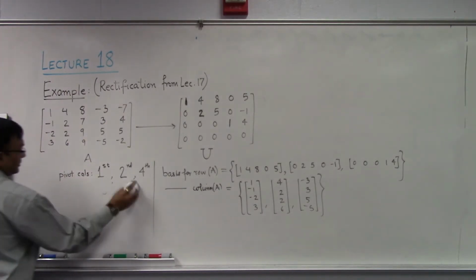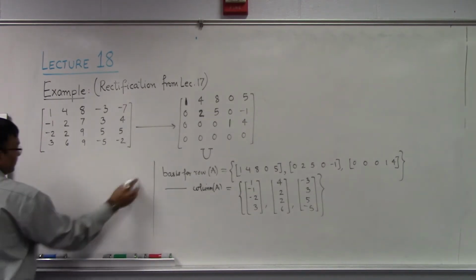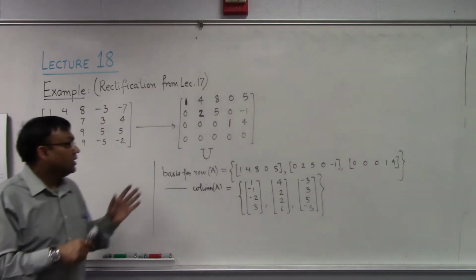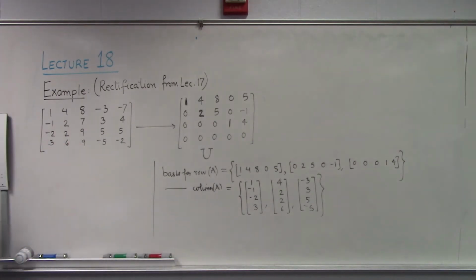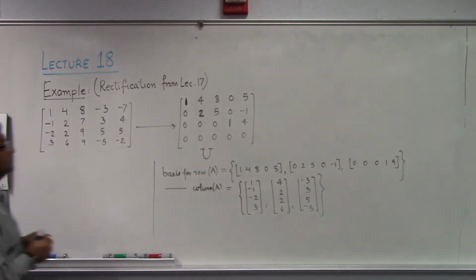Remember, the null space is determined by the number of free variables. The dimension of the null space is the number of free variables, which in this case is 2. So my null space has to be 2-dimensional. And basically it is the third and the fifth columns which are going to help me figure things out.